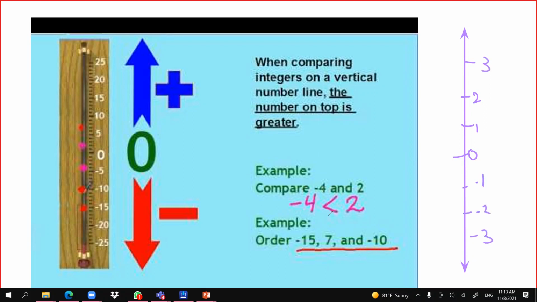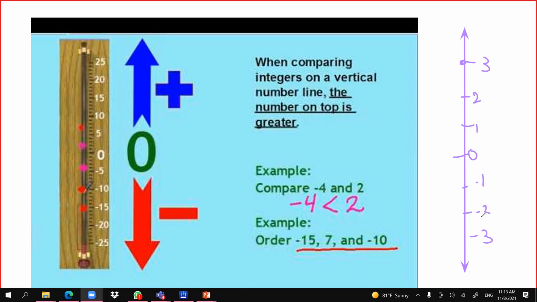It's like the thermometer. Once you measure the temperature, any number that is on the top is greater than the numbers on the bottom. So the numbers on the top are greater. In the horizontal one, we say that the numbers to the right are greater. Here, the numbers to the top are greater.